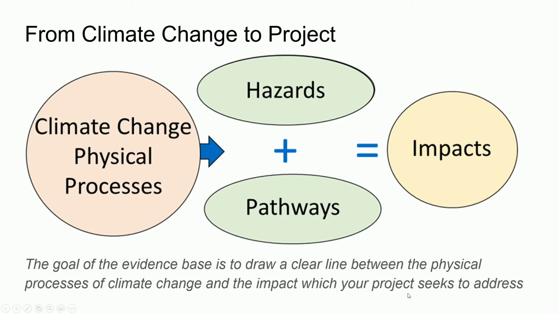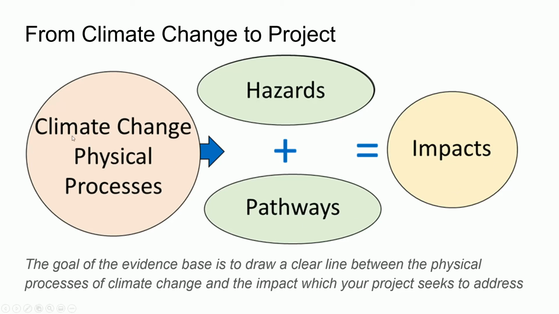But moving from climate change to project, we want to first identify the climate change physical processes that are affecting the country, and then we've got our hazards and our pathways, and these lead to impacts. These are ways that people, places, and things can be harmed by climate change.